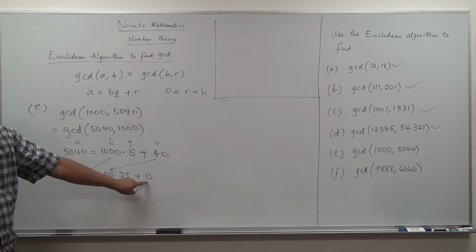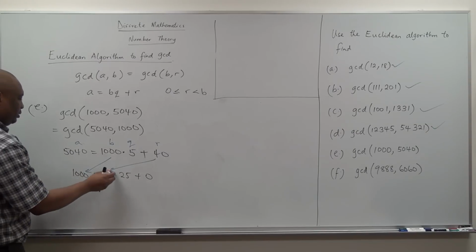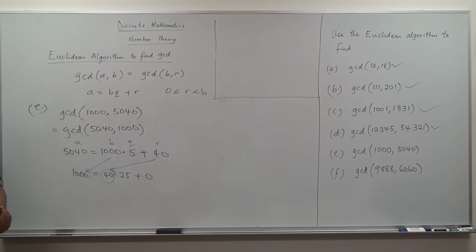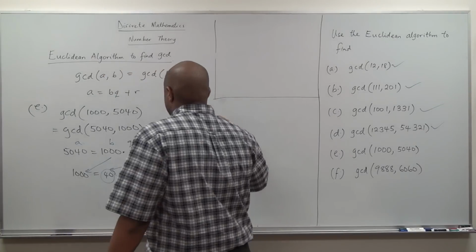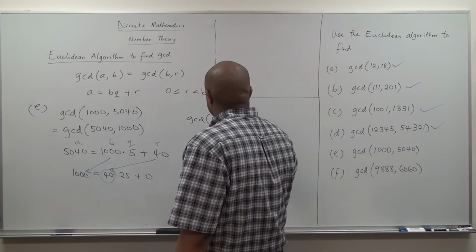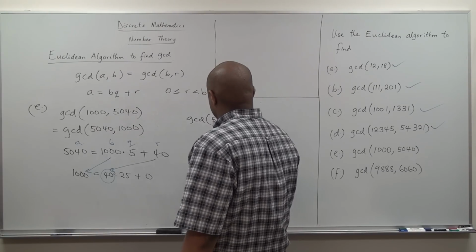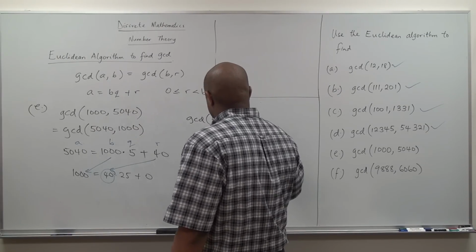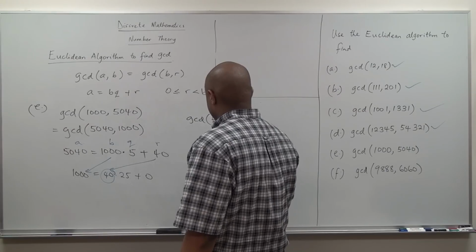So at that point whereby the remainder is 0, you check your divisor. Your divisor is 40. So we can say that the GCD of 5,040 and 1,000 is equal to the GCD of 1,000 and 40, and that will be 40.